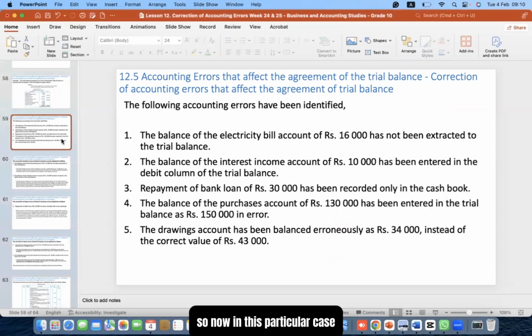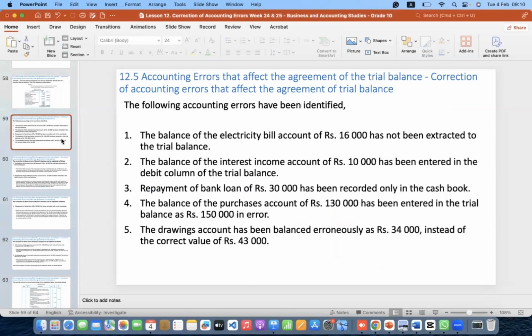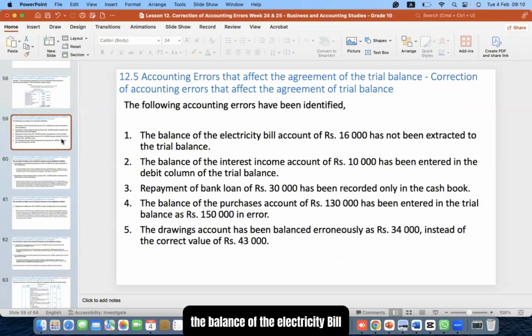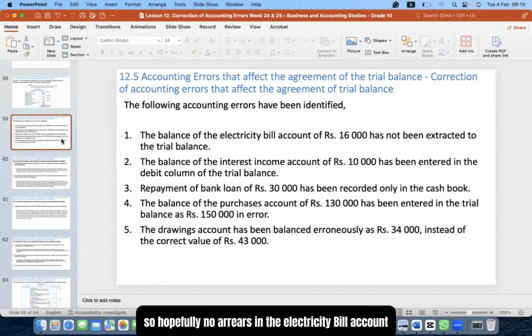Now in this particular case, the examiner or the textbook itself has identified the errors. First, the balance of the electricity bill account of rupees 16,000 has not been extracted to the trial balance. So hopefully there are no errors in the electricity bill account, but you have not extracted it to the trial balance.